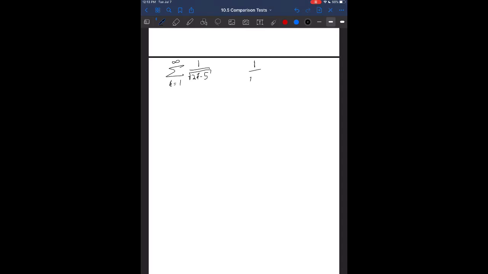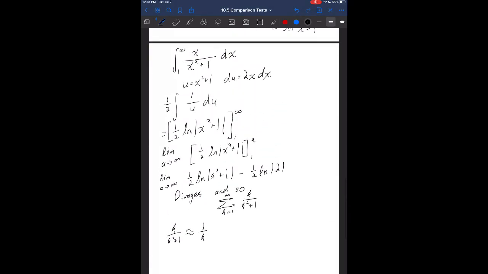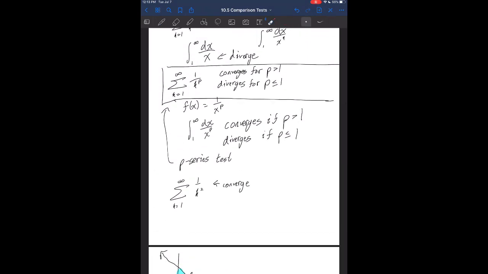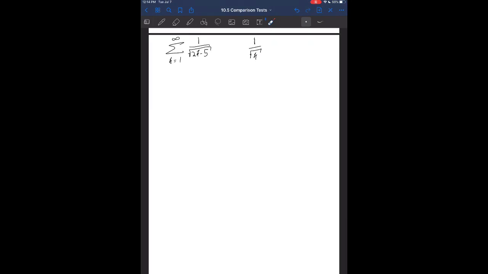The reason is this series is really like summing over 1 over the square root of k. And we know from our p-series test, which we have up here, that this is going to be a p of 1/2, which is going to be in the diverges section of this. So we should kind of expect, because we have this square root of k in this problem, that our series diverges.